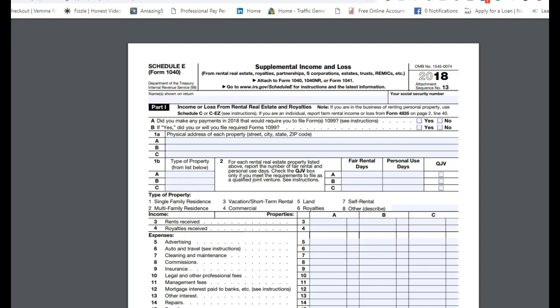When it comes to legal and other professional fees, you may have consulted a CPA or a tax attorney when it comes to setting up your business and a business structure and getting it formatted and asking specific questions and things of that nature before you got started. And so you could put that down there.